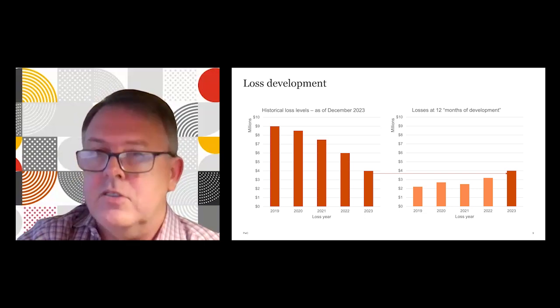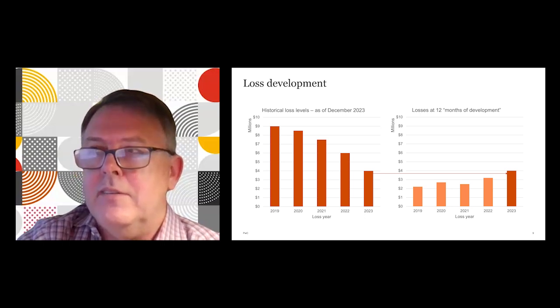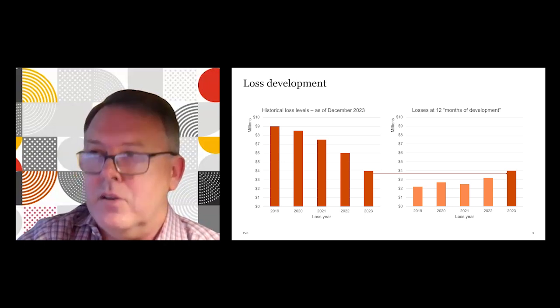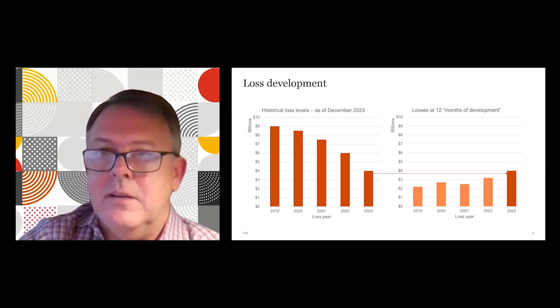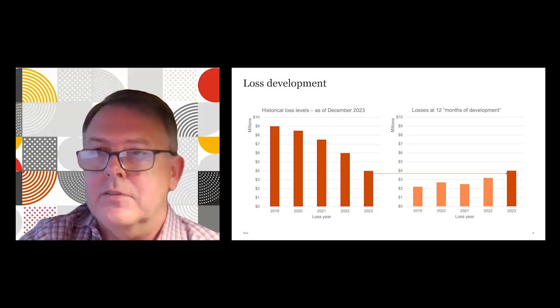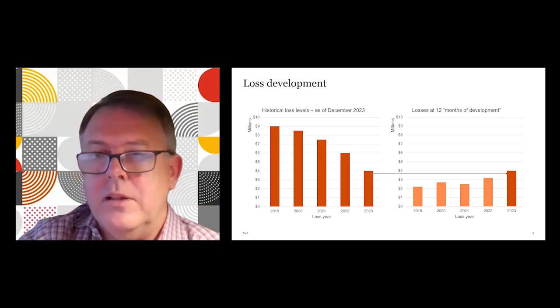So what you're seeing on this chart on the left is, if you take all the claims that occurred in 2019, what's the value of all their losses as of this date? 2019 claims valued as of December 2023 are $9 million. And the claims that occurred in 2023 are valued at 4 million.